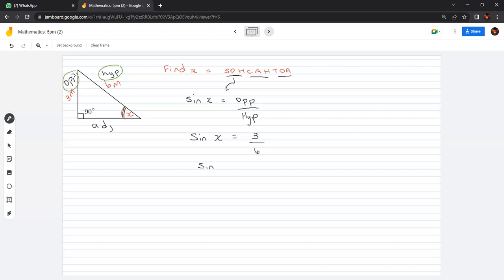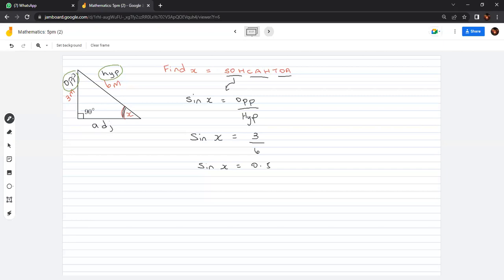Now our goal is to find out the value of x. So using my calculator, I'm going to divide 3 divided by 6. Right, and 3 divided by 6, that's 0.5.